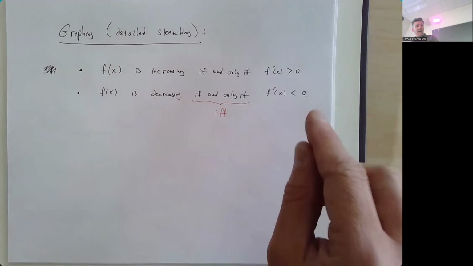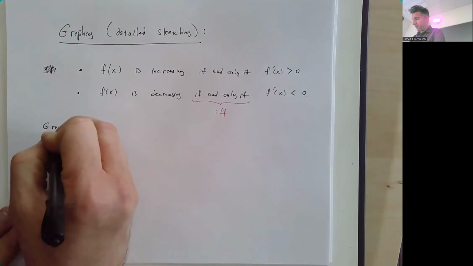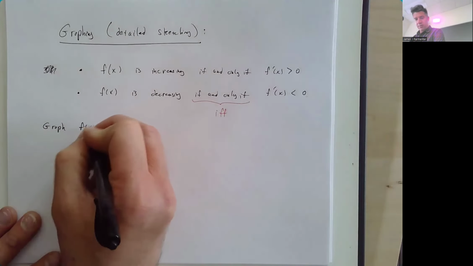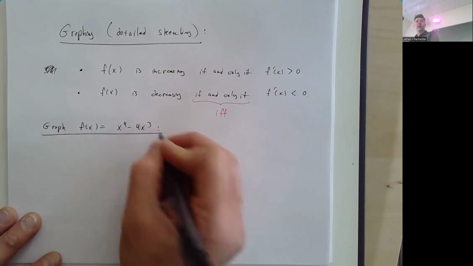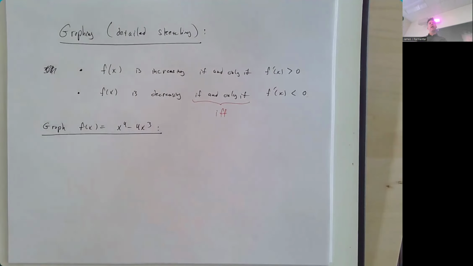So let's graph f of x equal to x to the 4th minus 4x cubed. And here's what I'm going to typically say when we graph something.